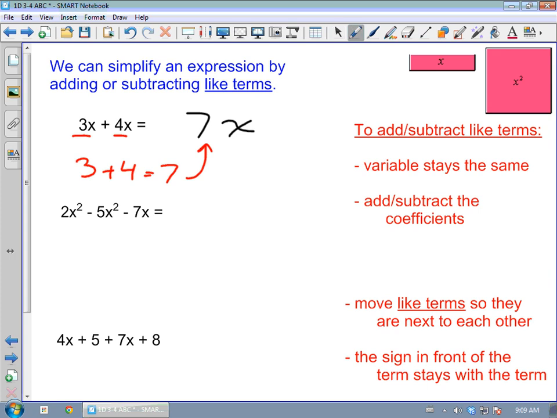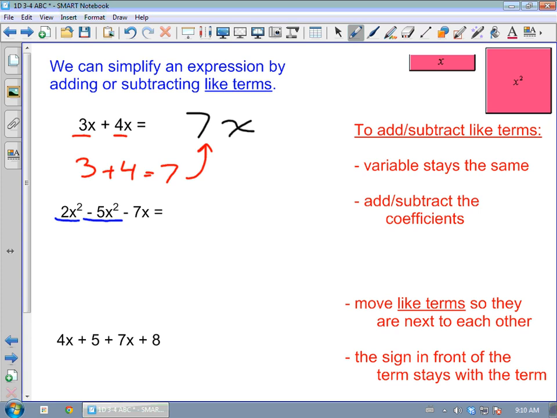I am just going to underline them, 2x squared, and I'm going to say that this term here is negative 5x squared. I'm going to imagine that that sign out in front of it stays with that term. So we've got 2x squared, and we've got negative 5x squared there. And then we got this negative 7x, which doesn't have anything that is like with it. Okay, so we've identified the like terms.